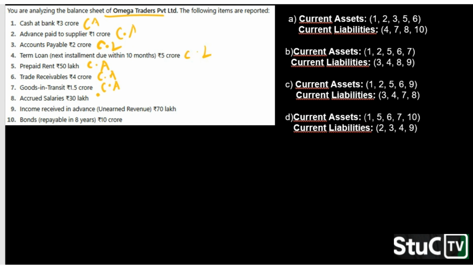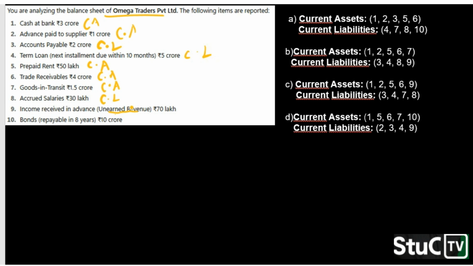Accrued salaries, salaries have not been paid yet, so they are due for payment, which means it will be part of current liabilities. Income received in advance, unearned revenue. This is important.